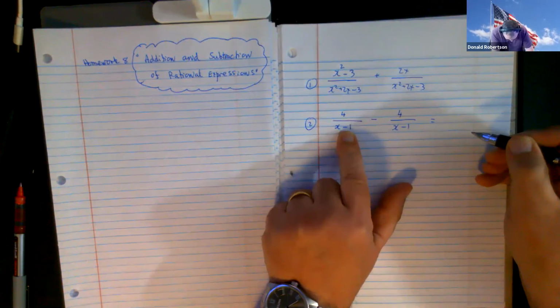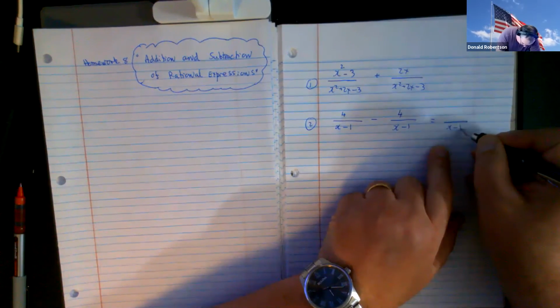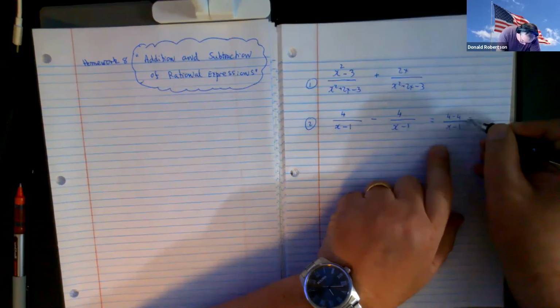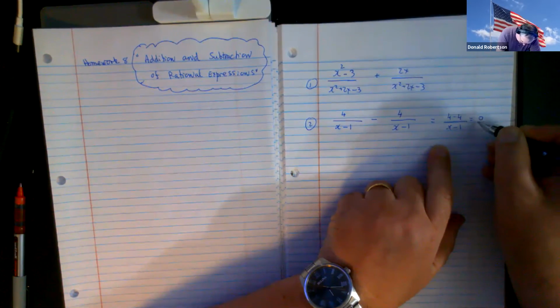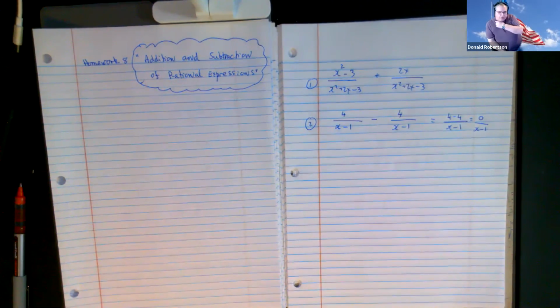4x minus 1, take away 4x minus 1. Well, they share a common denominator, and 4 take away 4. Oh, that's weird. How do you think you should write 0 over x minus 1 if it ever happens to you? So if it was 0 over 4 or 0 over 7, right?